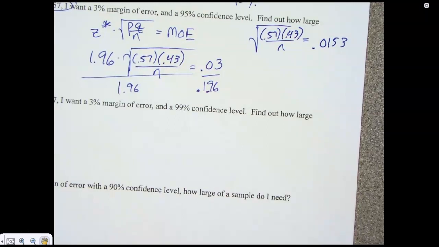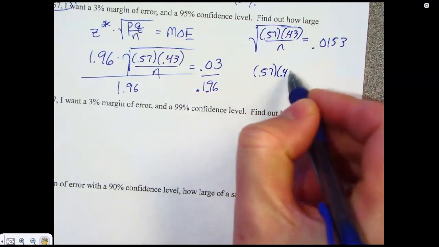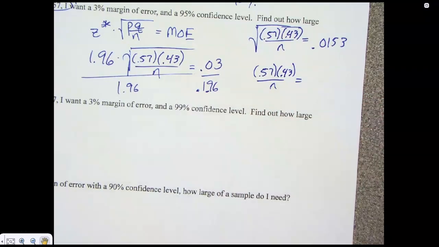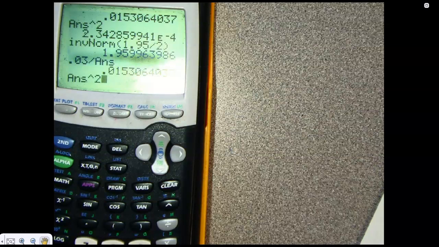You with me? Mathematically, we okay here? It's an algebra class now. So I've got to get the N out of the square root, right? So what's the next thing I would do? I'm going to square everything. So I'm going to have 0.57 times 0.43 over N equals, and then in my calculator, I hit second answer. It takes my previous answer, the whole stretched-out version, not rounded, and squares it.